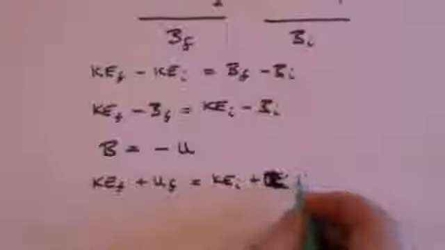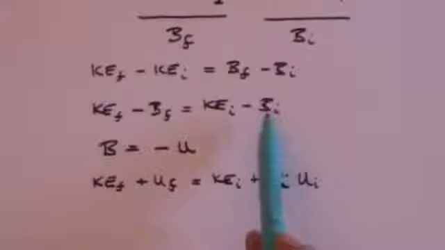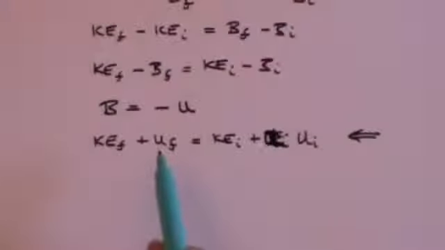Let's scribble that out and write it again. U initial, because B initial is minus U initial. So if it's a minus B, it'll be a plus U. And now we've got a conservation term. The kinetic energy at the final stage plus something else at the final stage is equal to the kinetic energy at the initial stage plus something else at the initial stage.